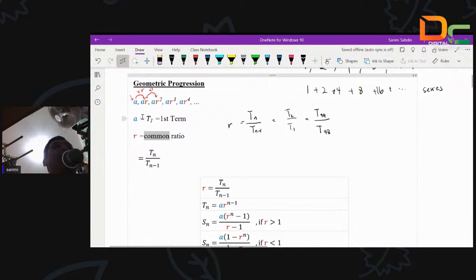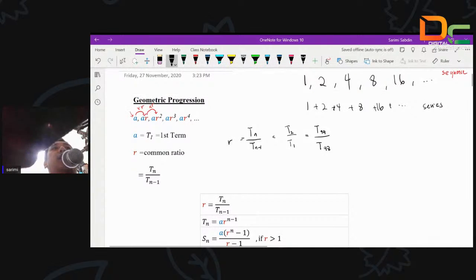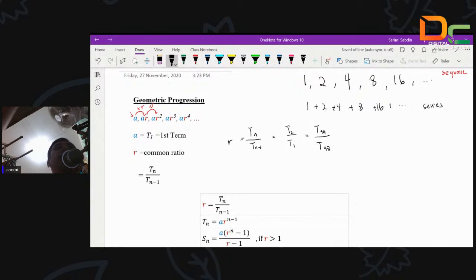Right, and the first term, which is A, is a special piece of information that we need. Sometimes we call it T1, or in general we call it A. Like the arithmetic sequence, we also have A, which is the first term.